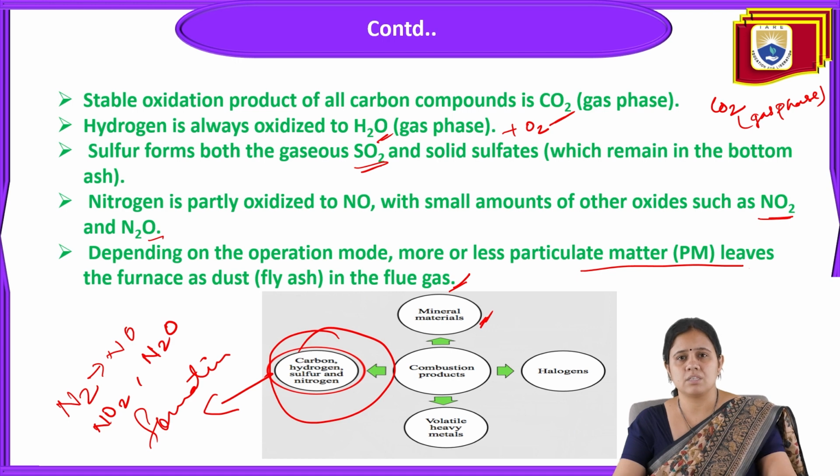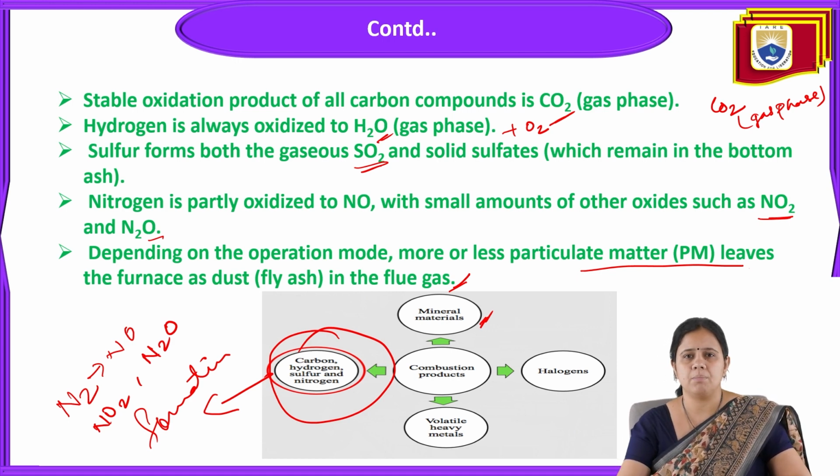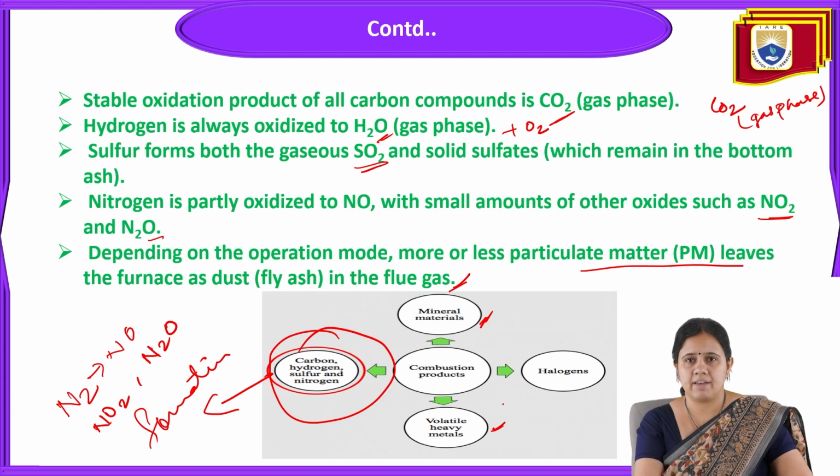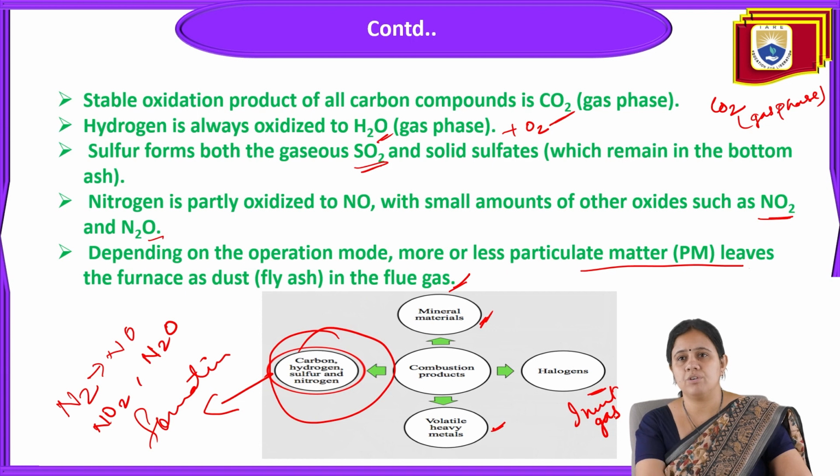In the presence of oxygen, the combustible material reacts, forming carbon, hydrogen, sulfur and nitrogen products. Next are volatile heavy metals, and sometimes halogens will also form. Halogens are inert gases. So these four groups are there with the combustible product inside an incinerator.